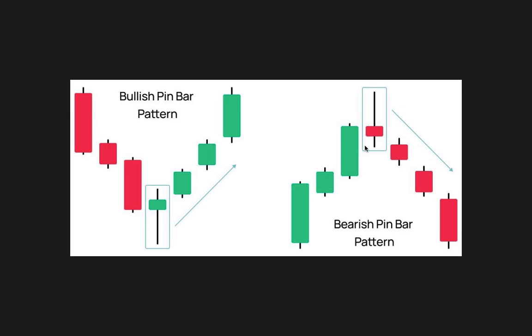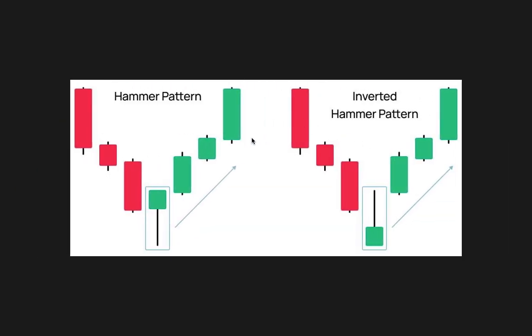In the next slide, I'll be explaining the hammer and the inverted hammer. Now this is the hammer candlestick pattern. The hammer is a very important bullish reversal pattern at the bottom of the trend, like a downtrend.